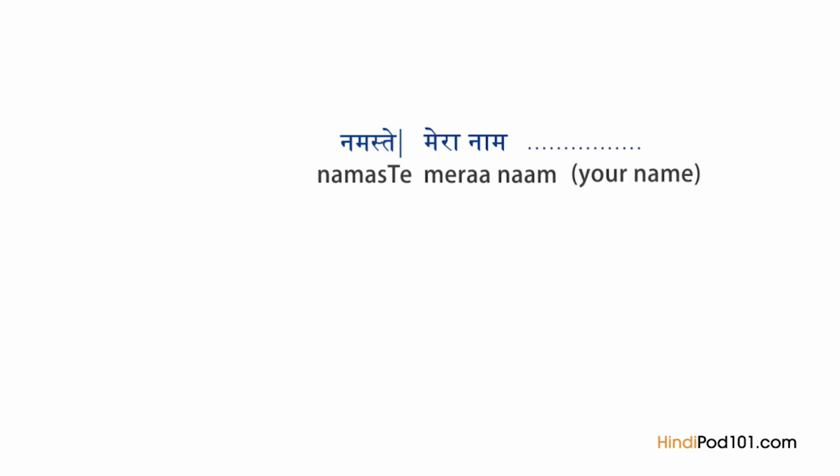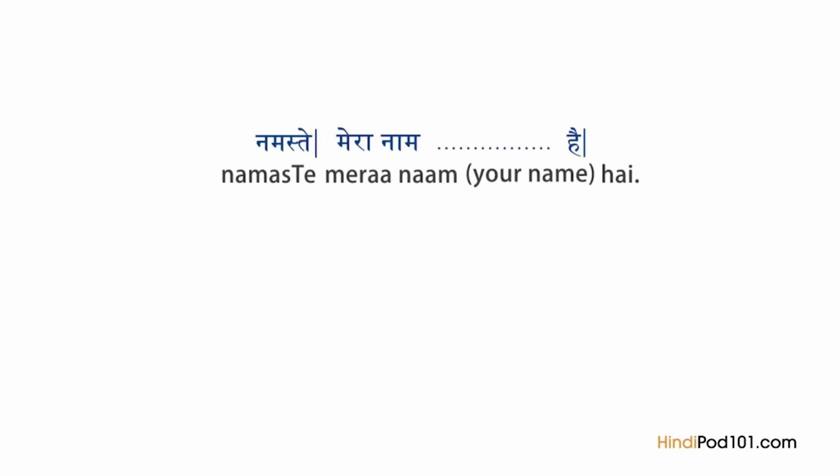Namaste, mera naam Prerna hai. Aapse milkar khushi hui. Hi, my name is Prerna. Nice to meet you. Start by saying Namaste. Then say mera naam, then your name, and then say hai.